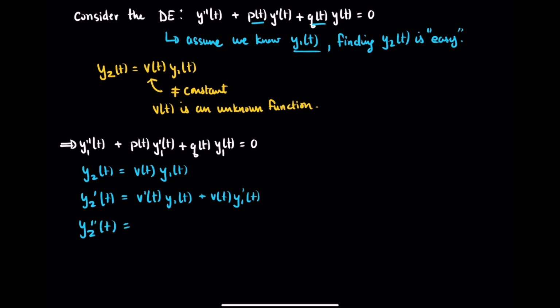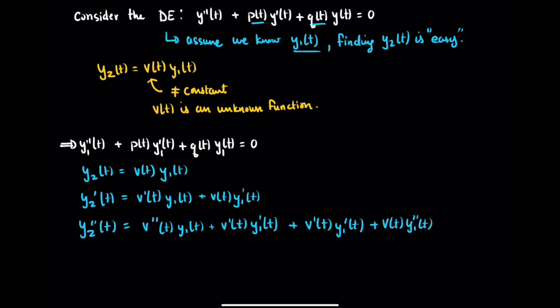Again product rule: v double prime t y1(t) plus v prime t y1 prime t, and then on the second term, v prime t y1 prime t plus v(t) y1 double prime t.